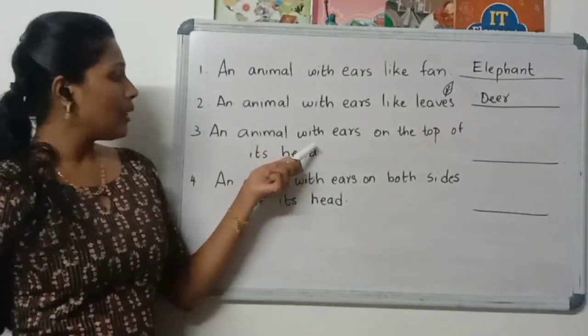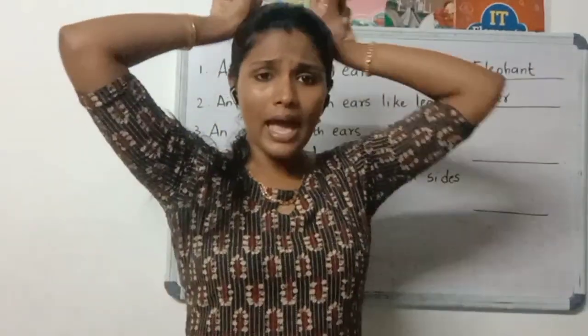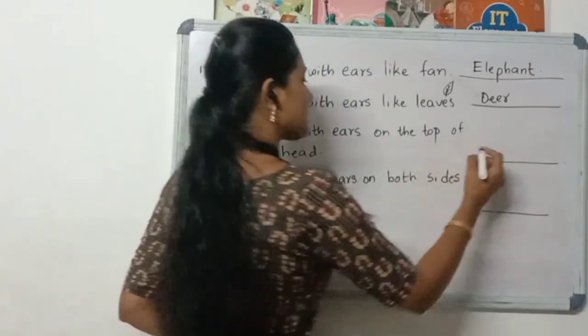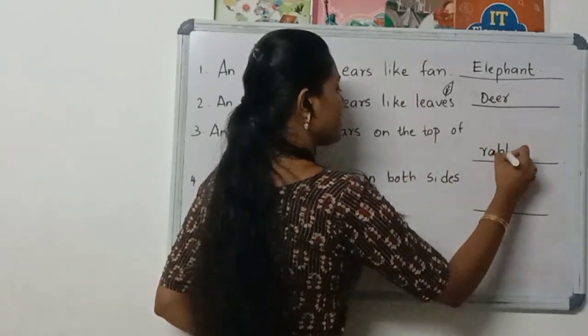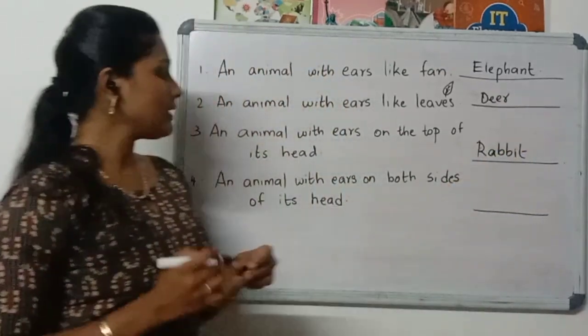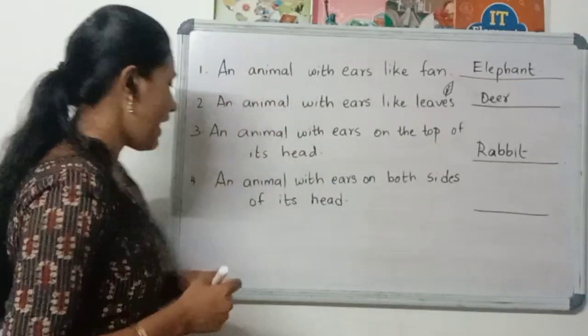An animal with ears on the top of its head. Which animal has ears on top of its head? Yes, a rabbit. A rabbit has ears on top of its head.